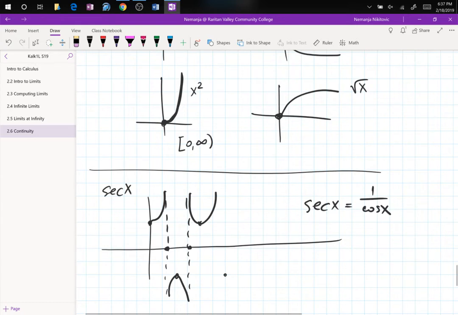Clearly you can't invert this as a whole, because there would be infinitely many of these, and they all fail the vertical line test, right? So you can only pick a principal branch and draw that one, which is where the continuity becomes important. Cool? Bye.